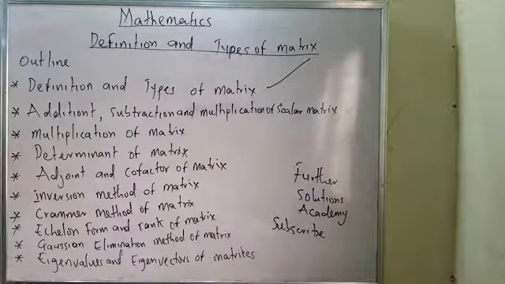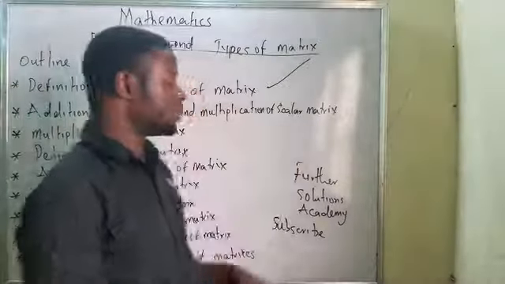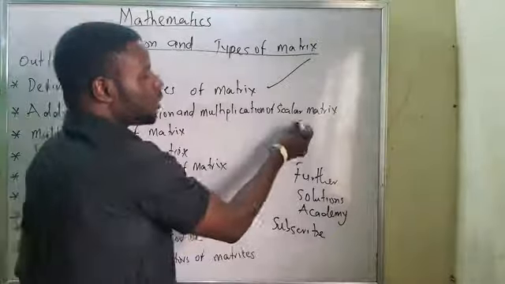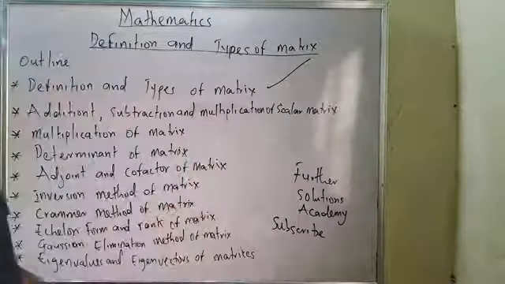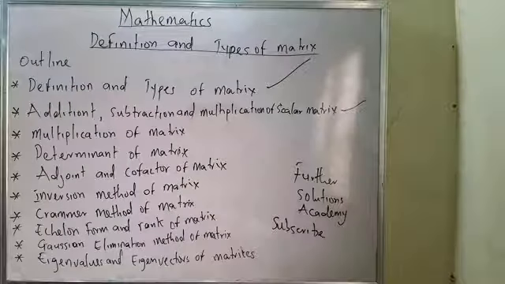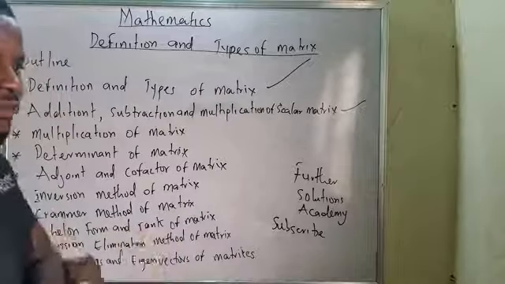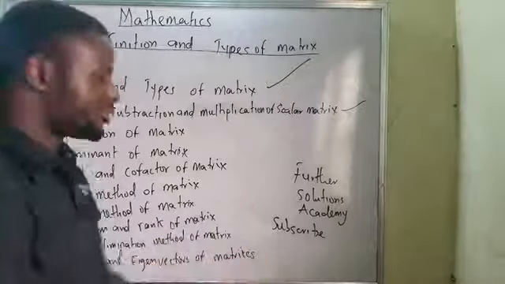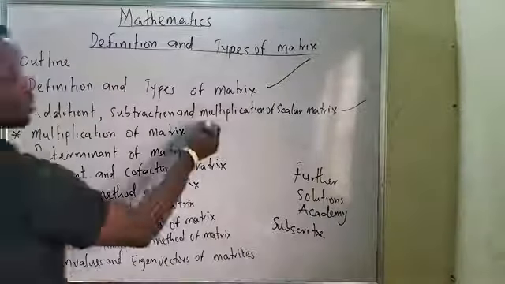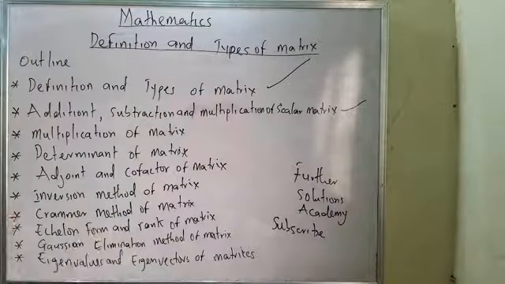The second one will be addition, subtraction, and multiplication by a scalar, which means I'm multiplying a matrix with a number. That is video 2. And in video 3, I'll be working on multiplication of matrices, which is when we have a matrix multiplied by another matrix. That is what I mean there. Why this one, a number multiplied by one matrix, you will see when we get there.